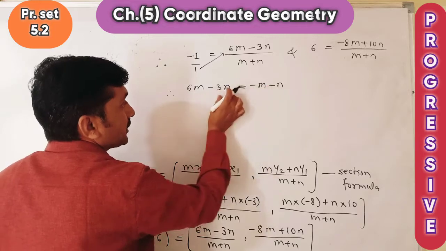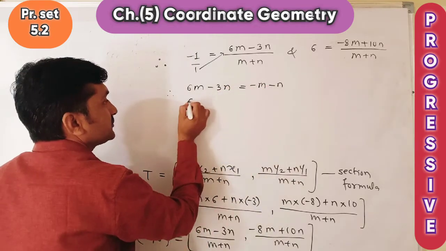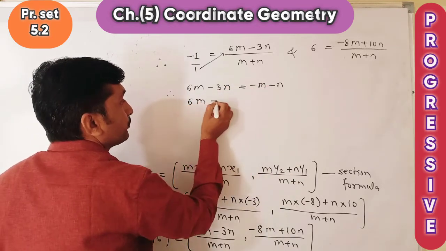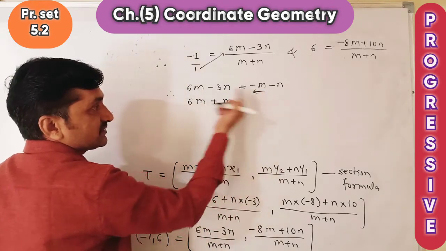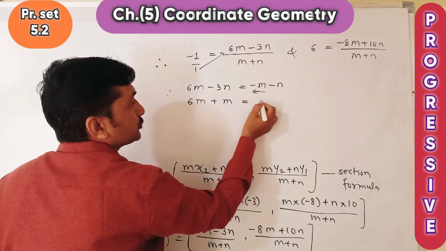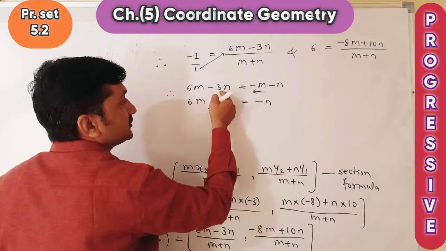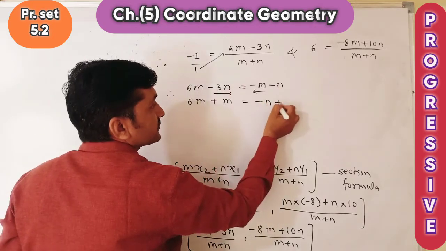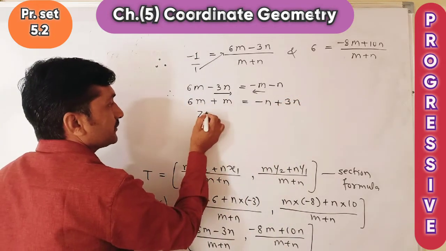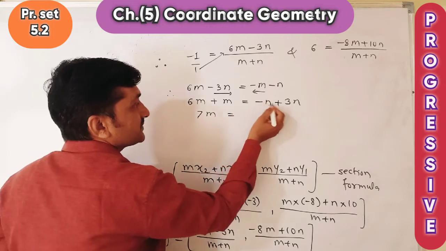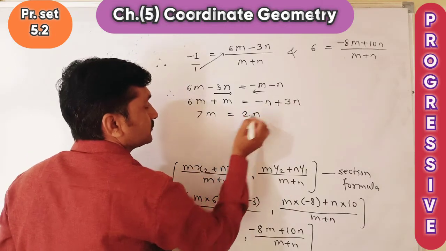Now bring m here and n there because the ratio will be m to n. 6m plus m transferred, and this minus n to the left side is equal to minus n, and this will go there, plus 3n. 6m plus 1m is 7m is equal to -n plus 3n is 2n.